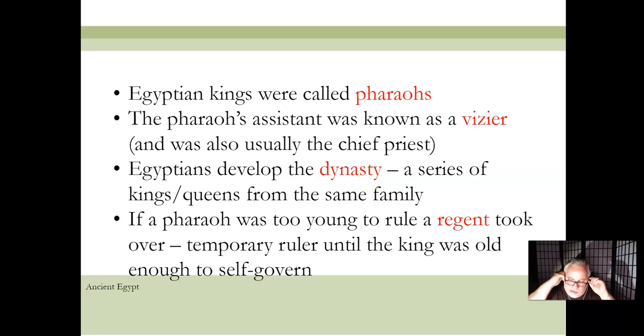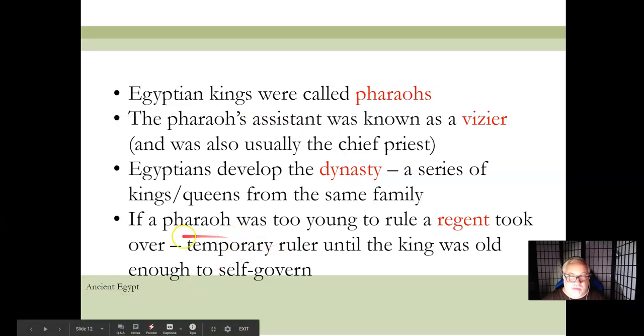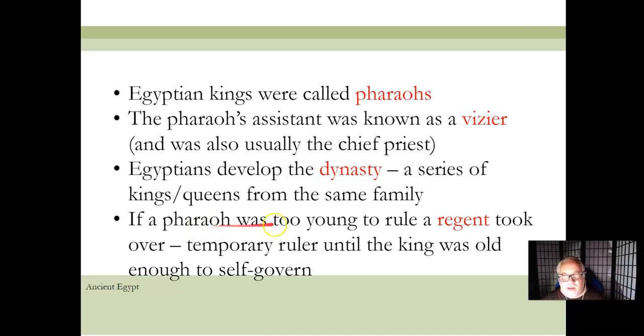Someone in your family. So usually father to son, of course, but a dynasty can be anyone in the same family. For example, sometimes the pharaoh died and his kid was 5, 4, 3, way too young to become king. So a temporary ruler would take over, called a regent. Again, generally that would be an older family member. Sometimes, though, it was the vizier, so it depends.